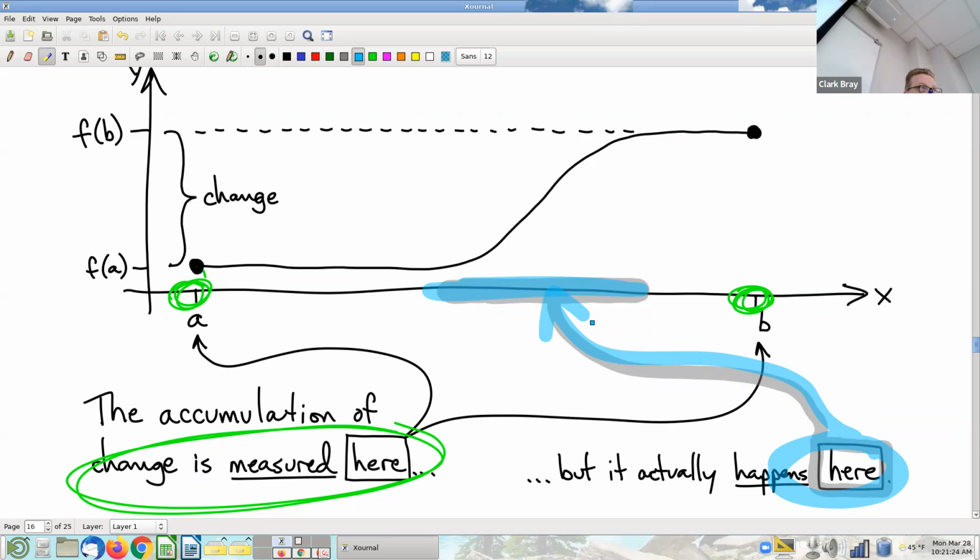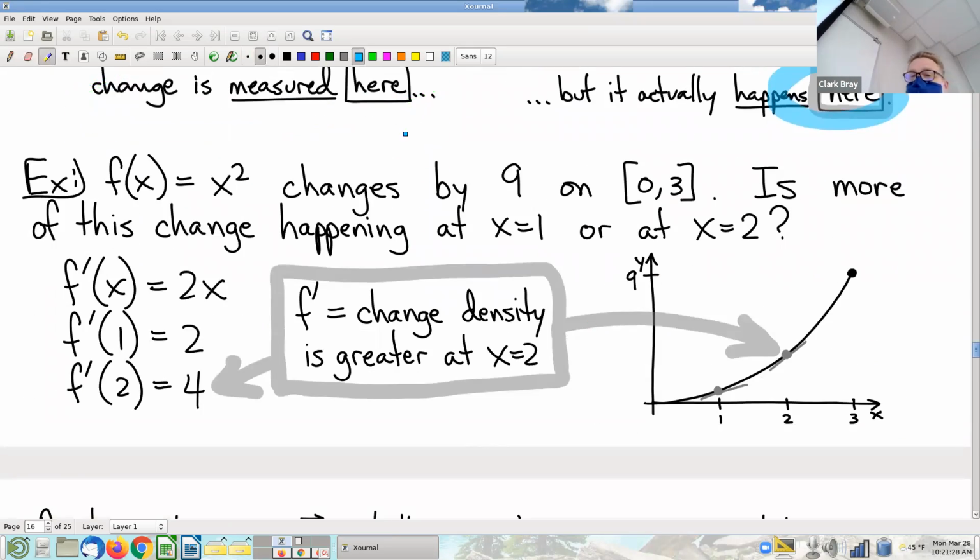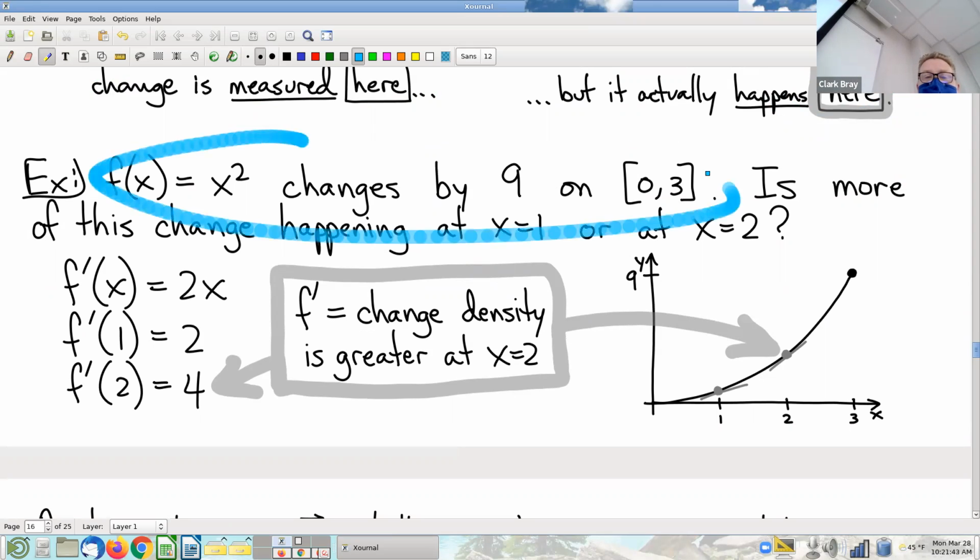Everybody with me? Okay, so now let me give you an example of what you can do with this interpretation of the derivative as telling you, even though there's an overall change that you measure on the boundary, the derivative helps you identify where that change is happening. So here's a really, really easy observation.